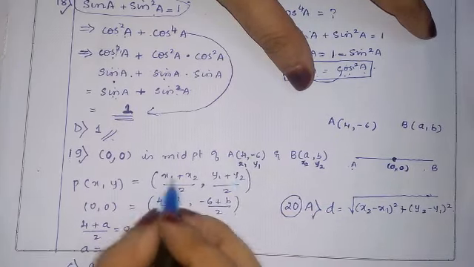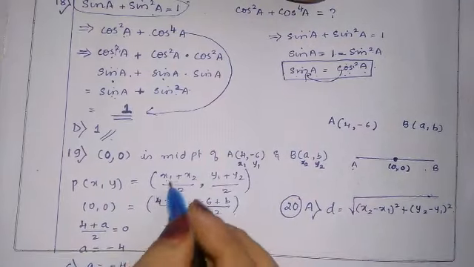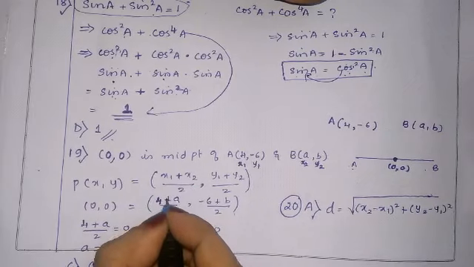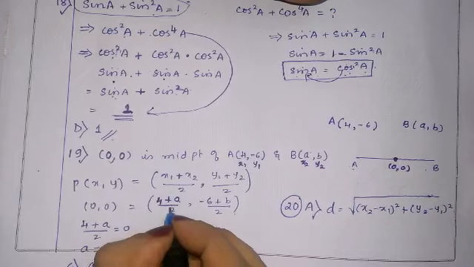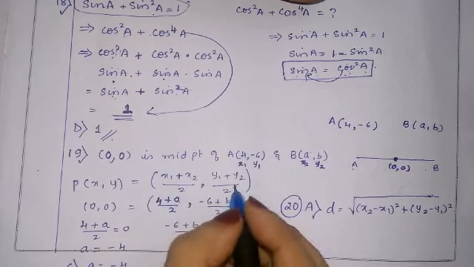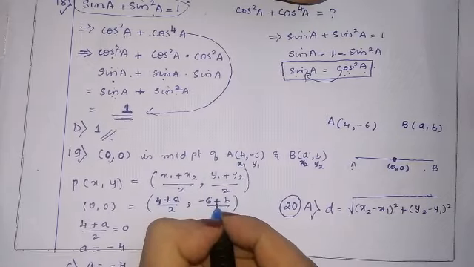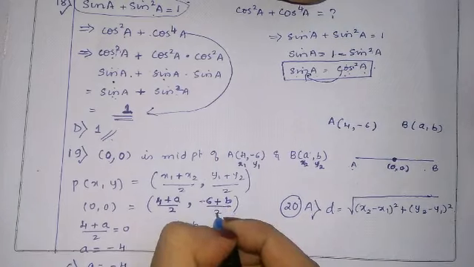So x1 value is 4, plus sign as it is, x2 value is a upon 2, comma, y1 value is minus 6, plus sign as it is, y2 value is b upon 2.